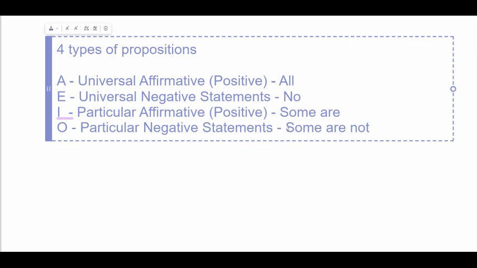So we have a universal positive statement. All birds can fly. All trees grow tall. So we're just giving a general example. Not all trees grow tall, but some trees are shrubs. So for the time being, understand that it's a type of statement that I'm giving. Whether it is true or false doesn't matter.